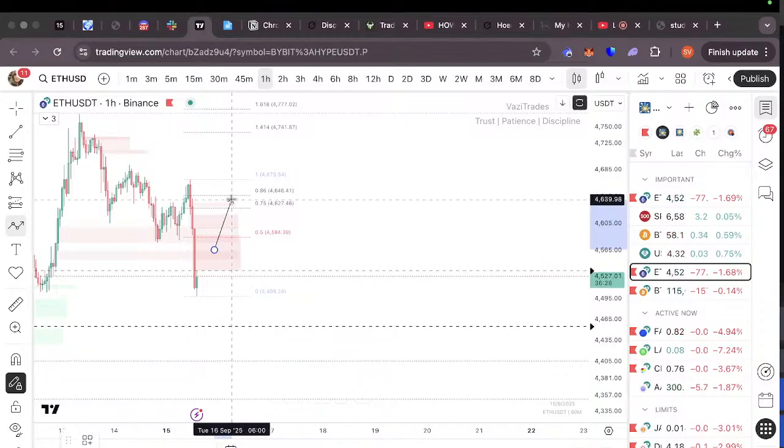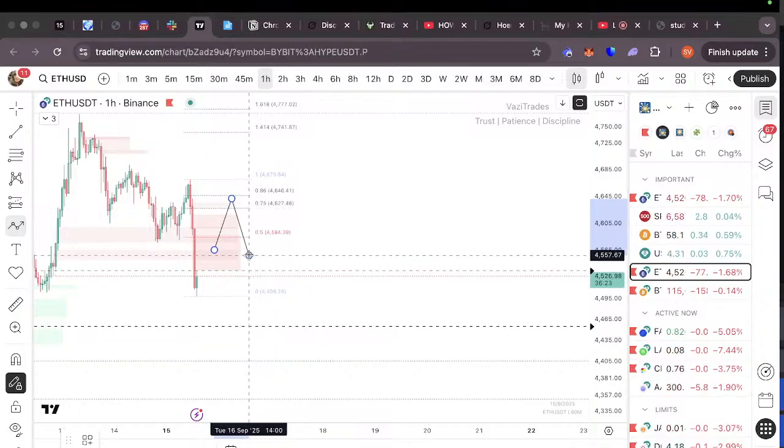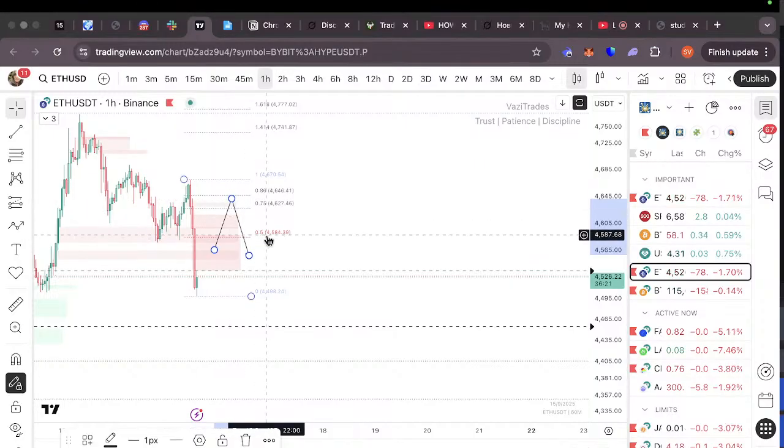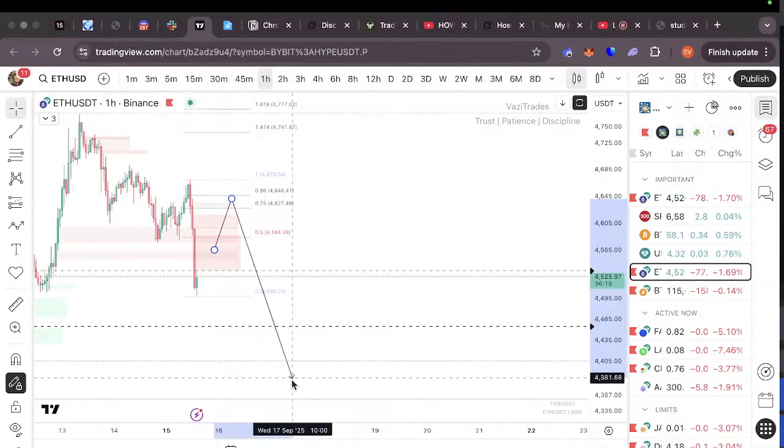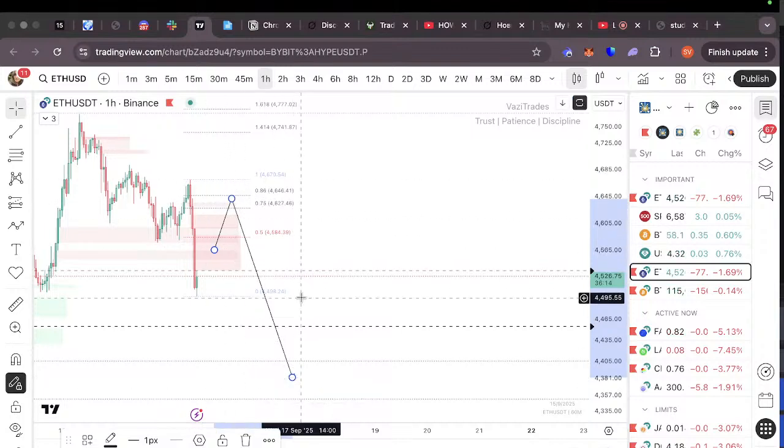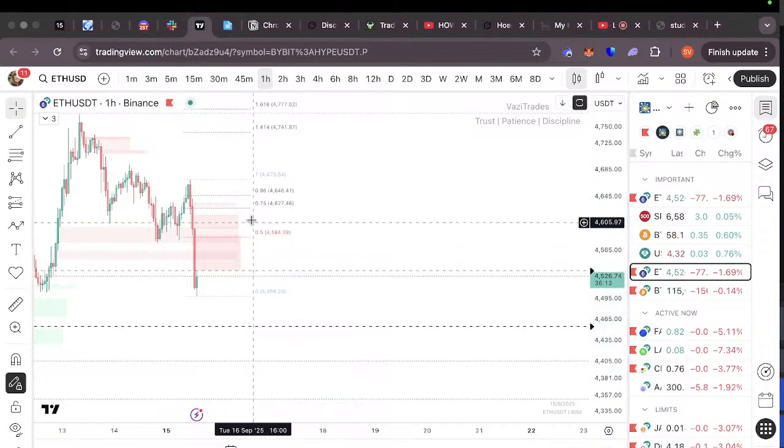Or it can give a higher bounce till this 0.75 Fibonacci. In this case, only if it breaks below 0.5, we can consider it as another top and bearish trend continuation.